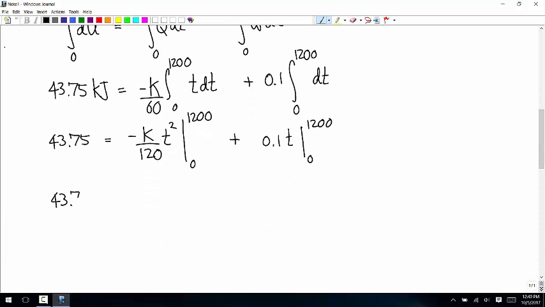So we get 43.75 is equal to negative K over 120 times 1200 squared plus 120.